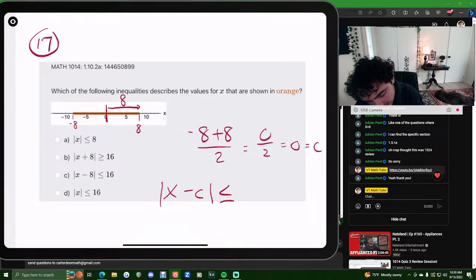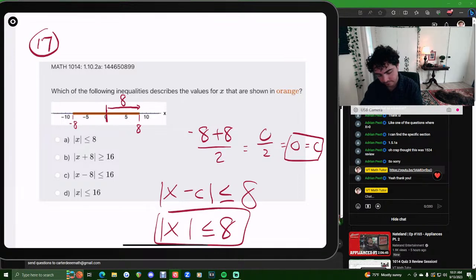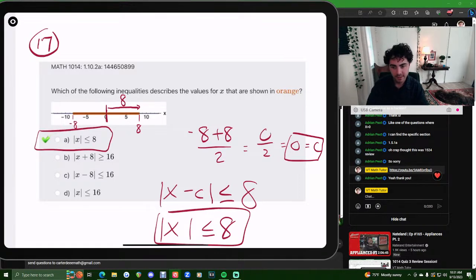So if we go out 8 to get from the center to the endpoint, then that radius is 8. We want to see the radius on the other side of the inequality. So x minus c, where c was 0, would just be x minus 0, which is just x. So really we should just see the absolute value of x is less than or equal to 8. That's option A. So find the center, find the center's value inside the absolute value bars, and then find the radius on the right side of the inequality.